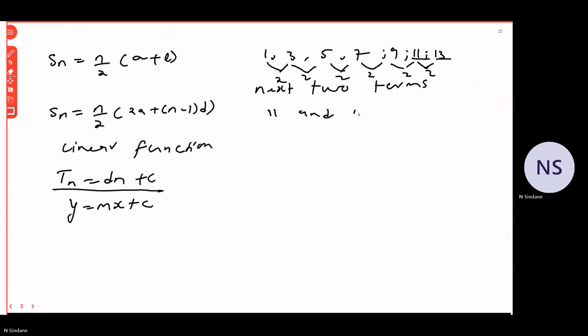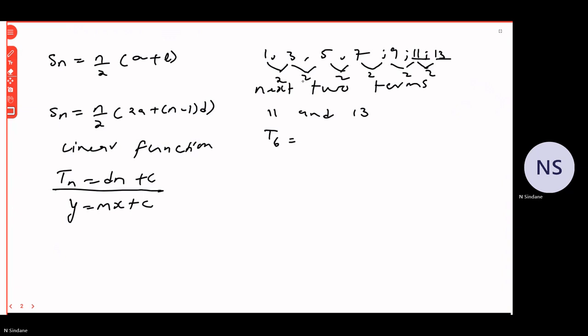Some of you will say, in this case, I don't want to use this. I can use the formula instead and find Tn. In this case I count 1, 2, 3, 4, 5. This is term number 5. I want to know what is term number 6. I substitute 6 here.